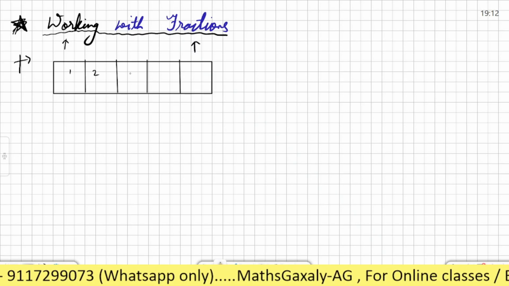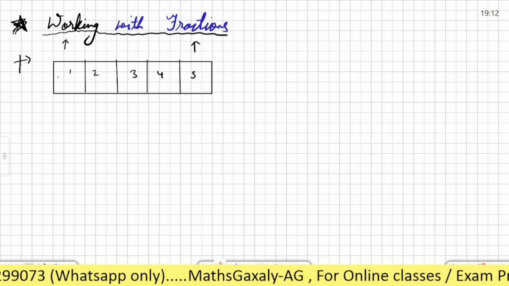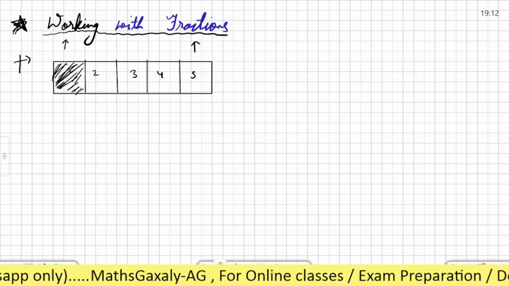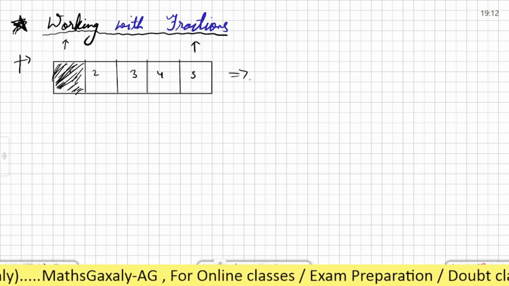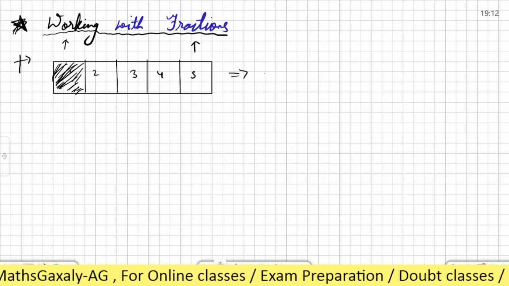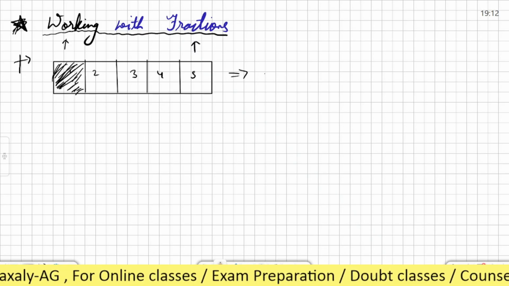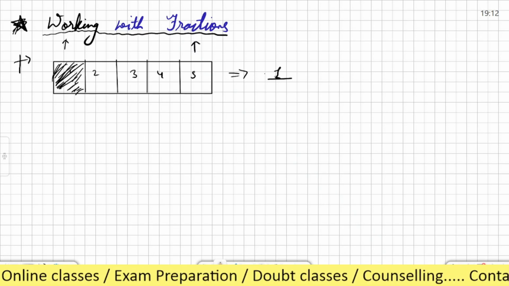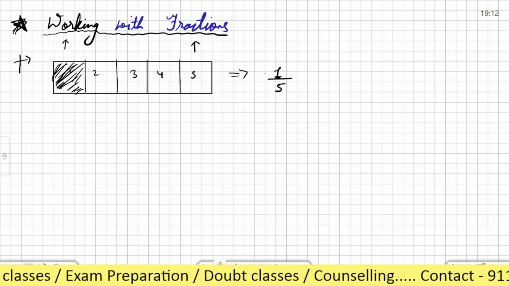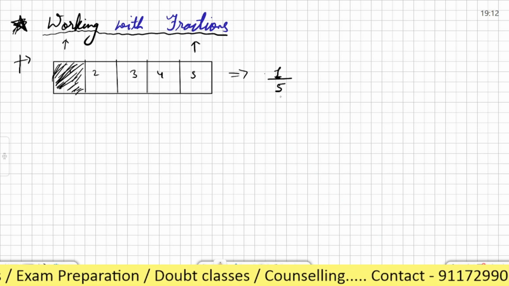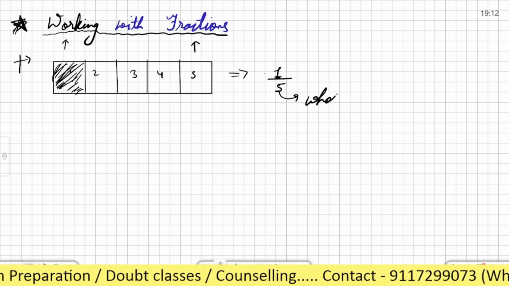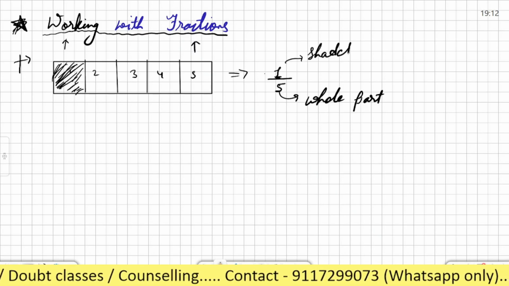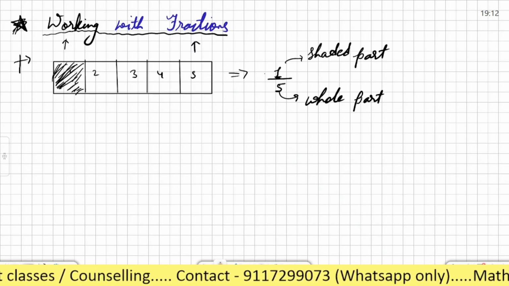Five parts. One, two, three, four, and this five. When I shade only this part and compare it with the whole, we can say that one part has been shaded among five parts, right? So as a fraction we can write it as 1 out of 5, or 1 by 5. It will be read as 1 by 5. It means here 5 is the whole part and 1 is the shaded part.